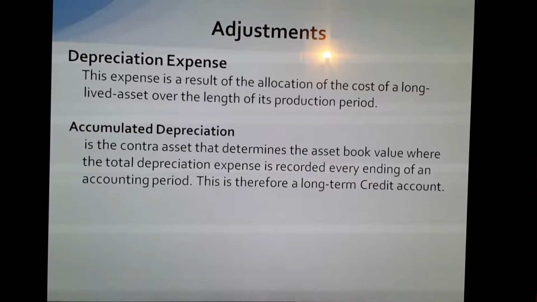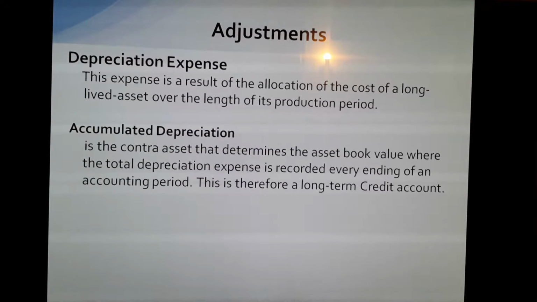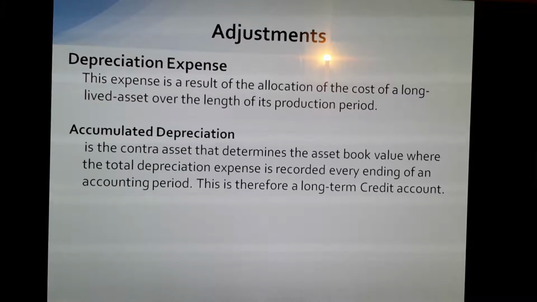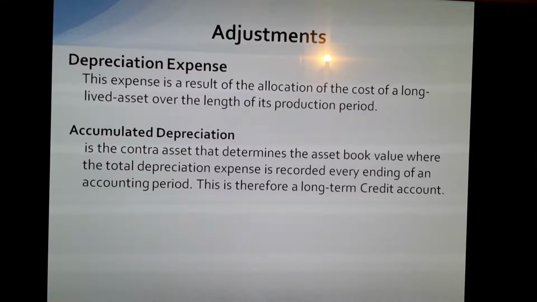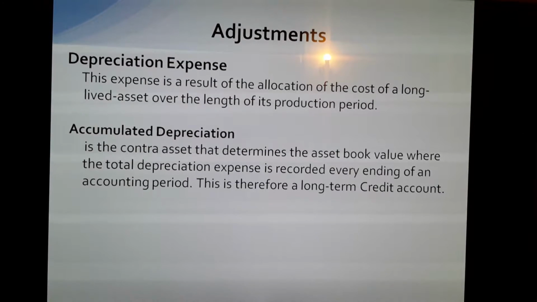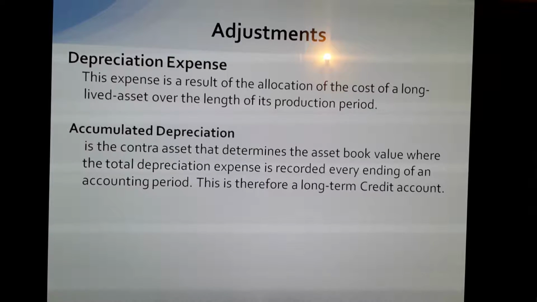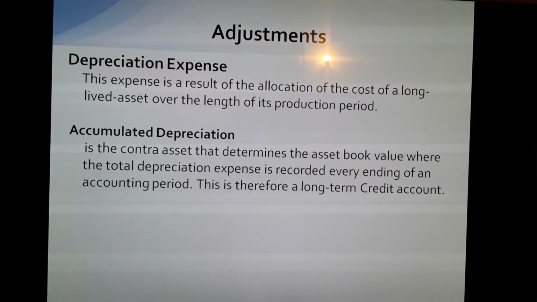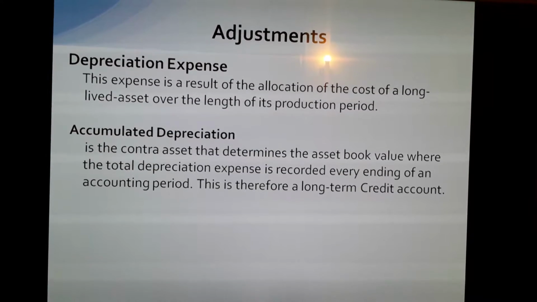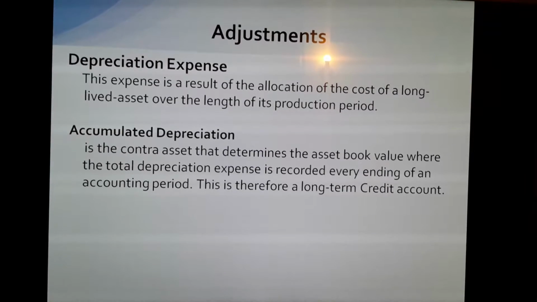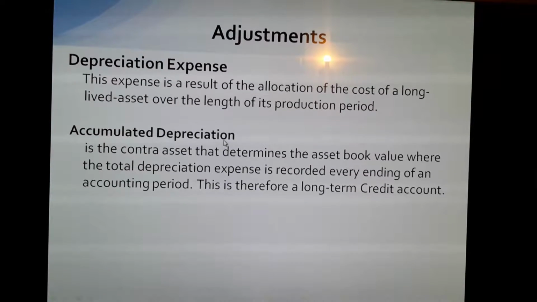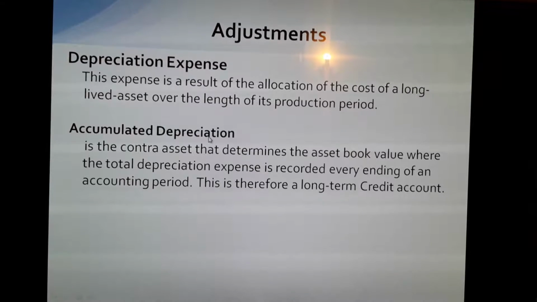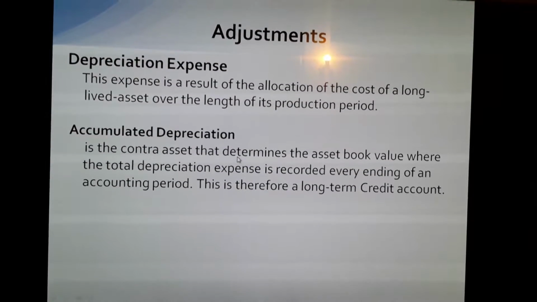We say this is a contra asset that determines the asset book value, where the total depreciation expense is recorded every ending of an accounting period. This is therefore a long-term credit account. Like every year you calculate your depreciation, it is recorded to accumulated depreciation. The total is transferred to this accumulated depreciation as a credit.